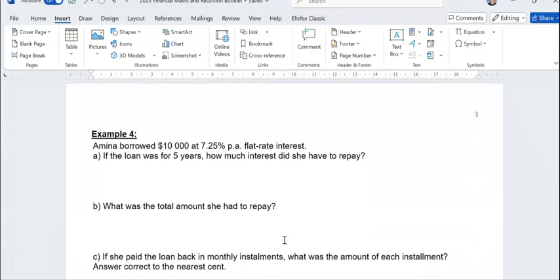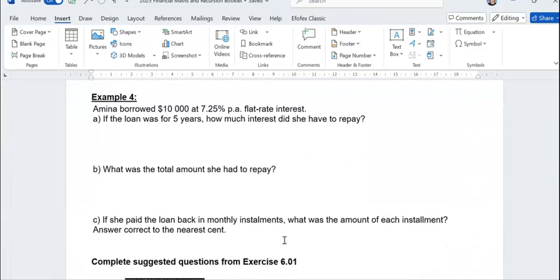That's pretty straightforward. Now, the only issue with this fourth question, this is exactly the same. There's only a couple of issues with this one. The terminology here: sometimes you'll see the words flat rate interest, and that means exactly the same as simple interest. So you need to be on the lookout when you're doing questions of this type. Sometimes it'll say simple interest, sometimes it'll say flat rate interest.